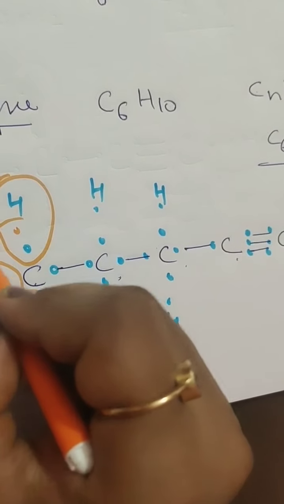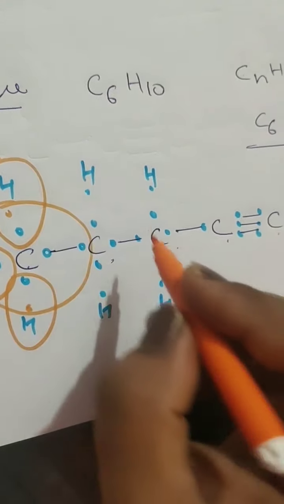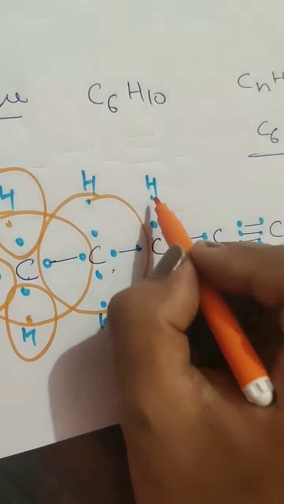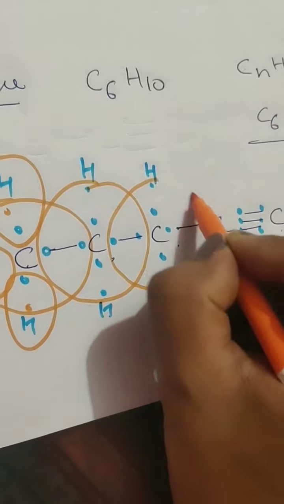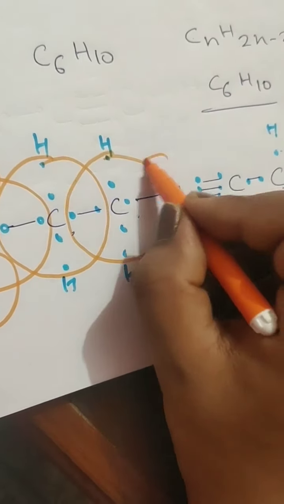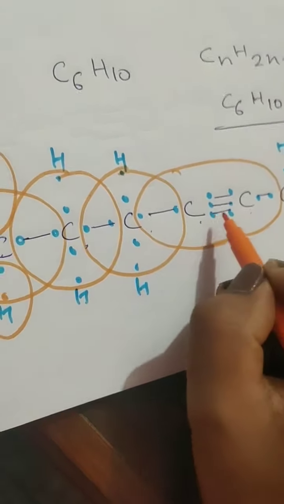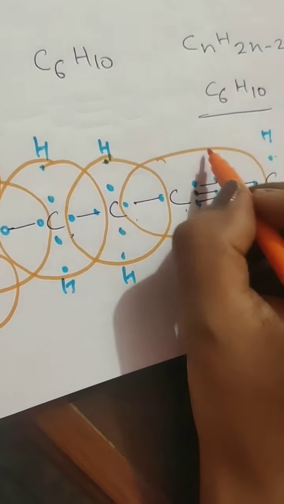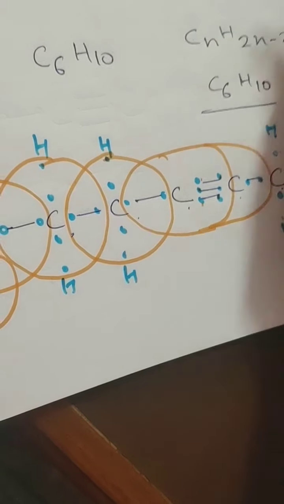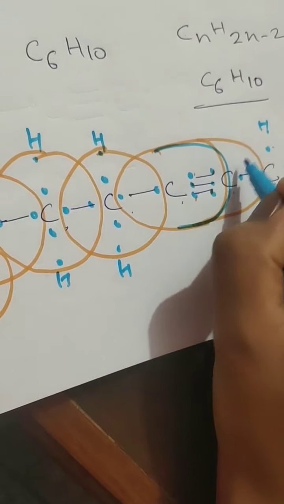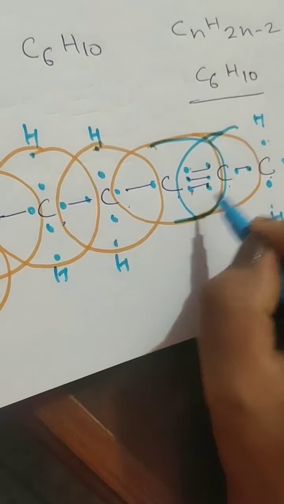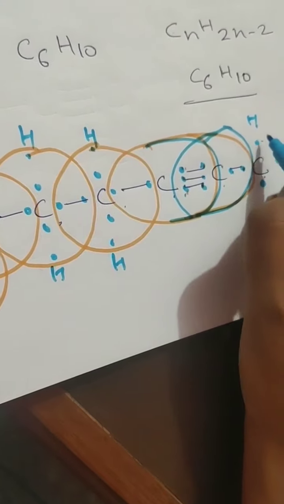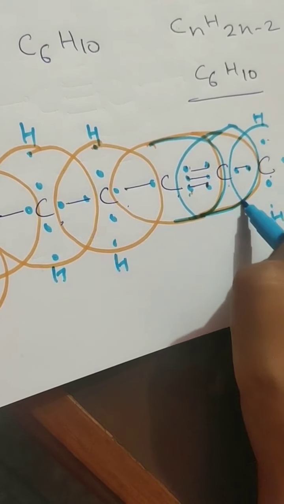Now this will be having all the 4 electrons here, this will be sharing with this, and this already is having this 1, 2, 3, 4, 5, 6, 7, 8. Okay, no, not with this, it will be like this, and this will be having this 1, 2, 3, 4, 5, 6, 7, 8, and this will be using all these.